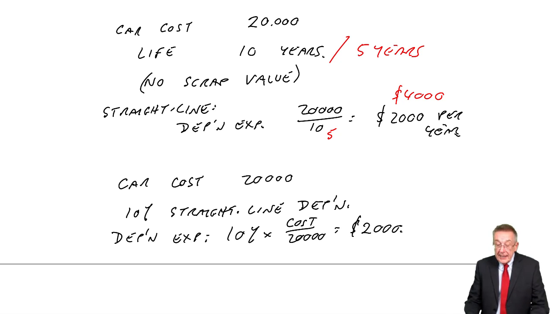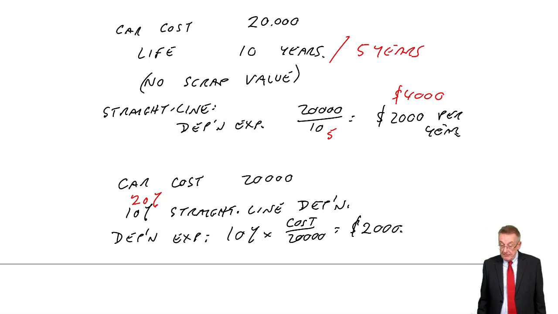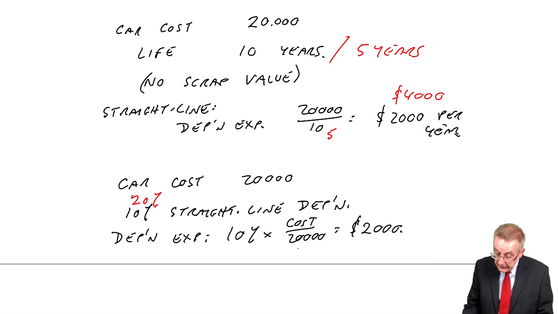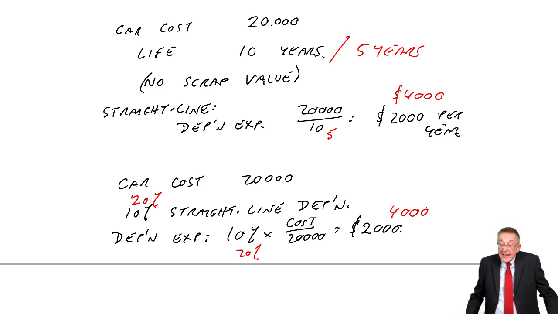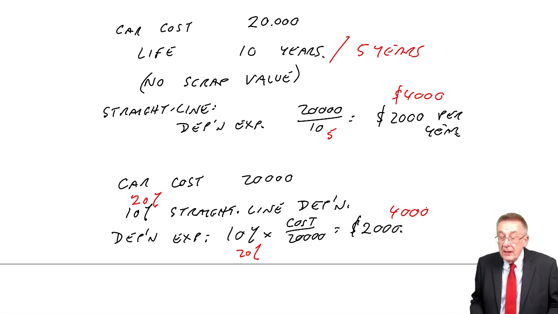Alternatively, the question could say it costs 20,000 and it's 20% straight line. Well, 20% of 20,000 again is 4,000. Now that's not hard, and I hope that's clear. 5% straight line would be the same as a life of 20 years.